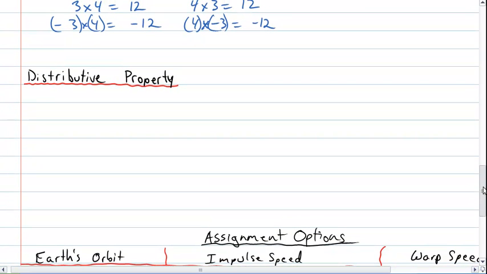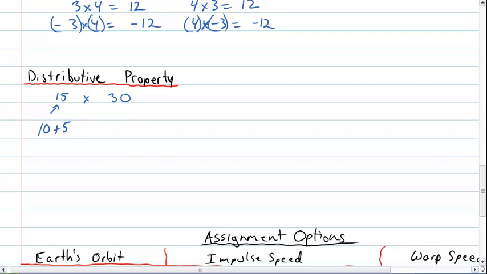The distributive property of multiplication. Let's take a question like 15 times 30. According to the distributive property, the 15 is the same as saying 10 plus 5.